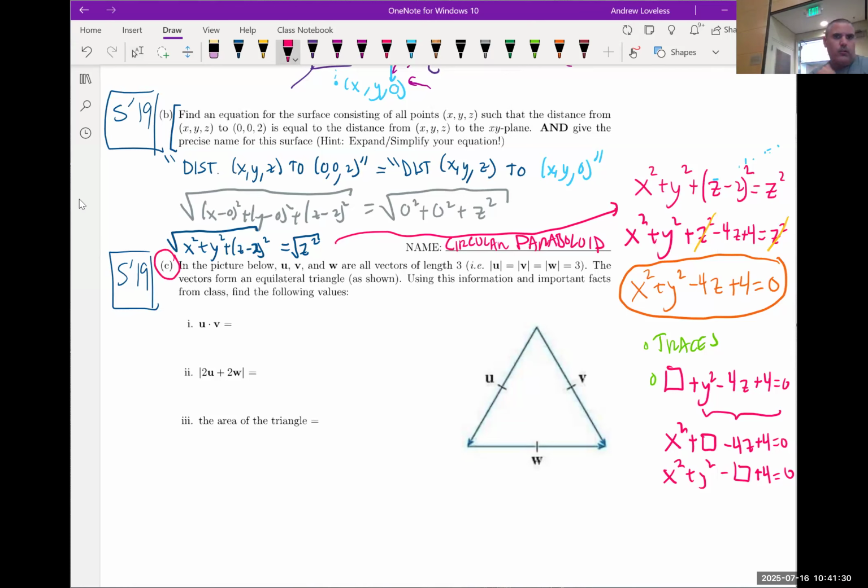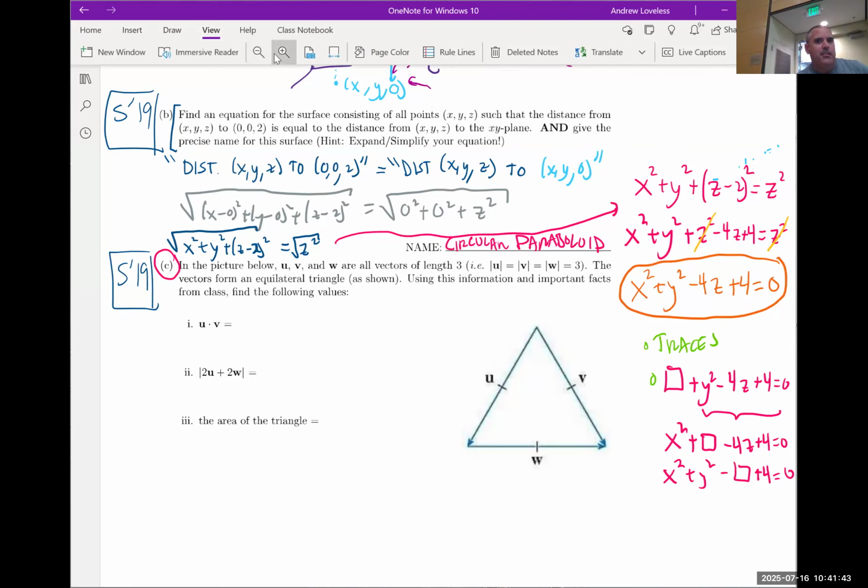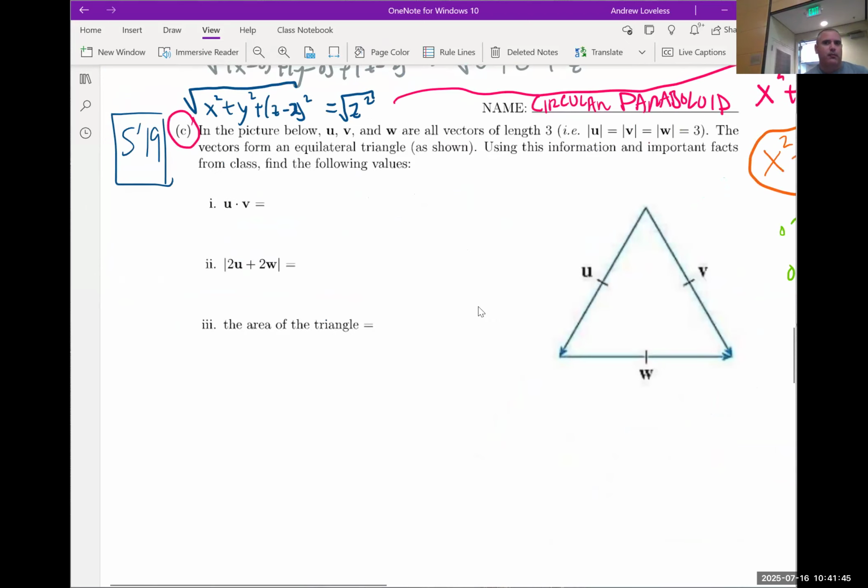So this is more of a conceptual problem. When I see a problem like this where they don't actually give me the vectors, in my head I'm thinking, okay, I'm going to need to use our facts. So let's start to collect our facts. We have A dot B, the most important one we use the most: A dot B equals the magnitudes times cosine of theta.